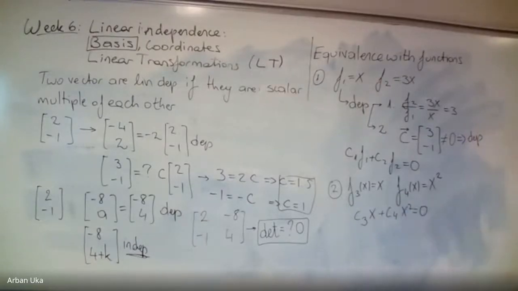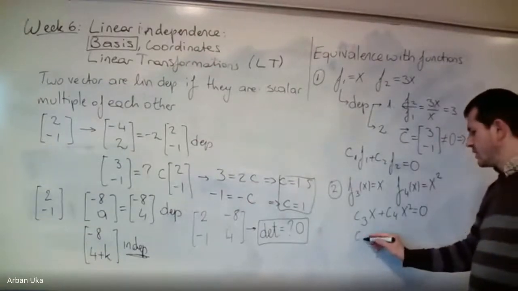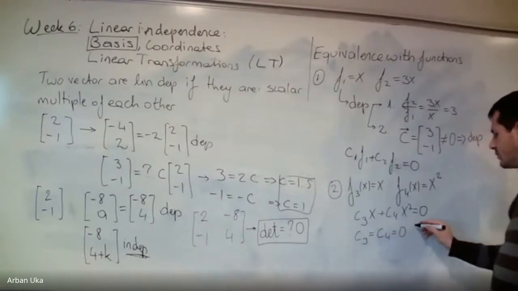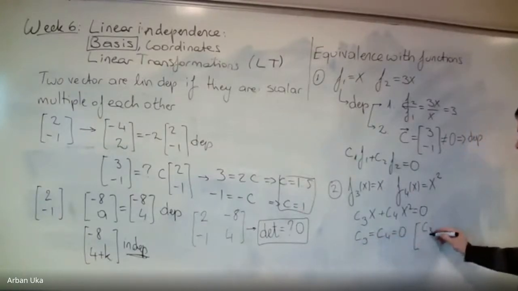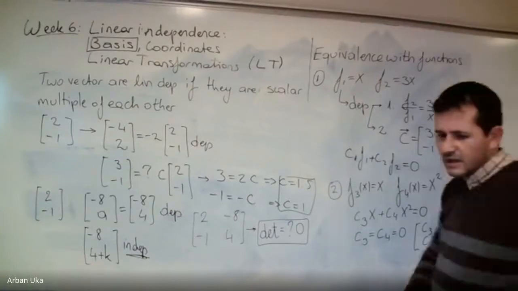When is this equal to 0? This is equal to 0 only when c3 and c4 are both 0, so (c3, c4) is equal to (0, 0).